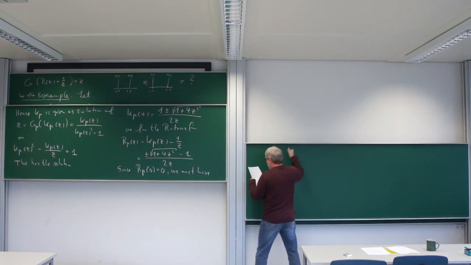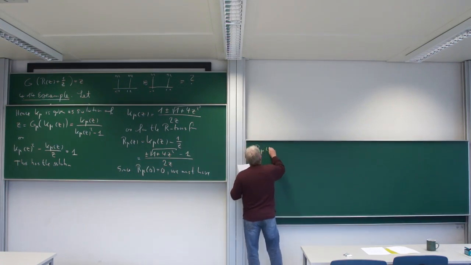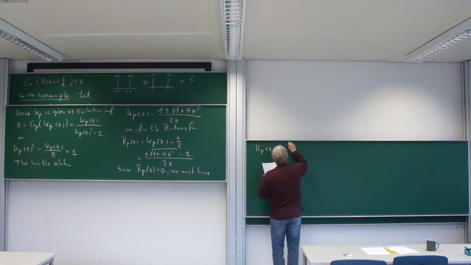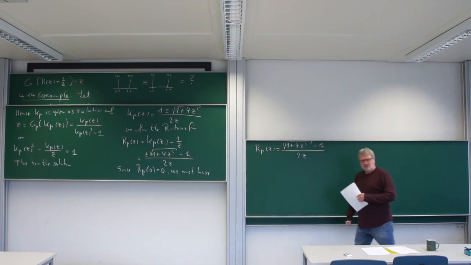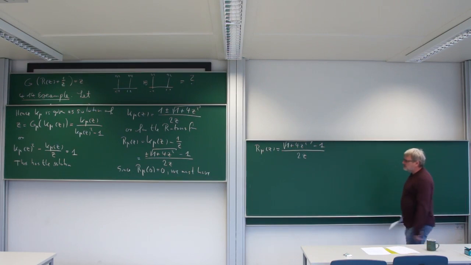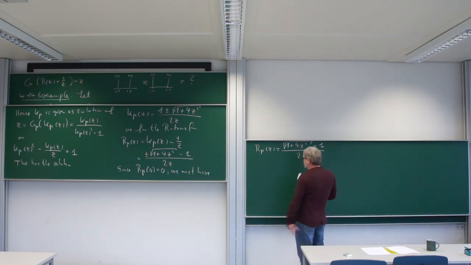So R(z) is equal to the square root of 1 plus 4z squared, minus 1, divided by 2z. Okay, so very nice, simple, just a square root. Okay, so that's our starting point.